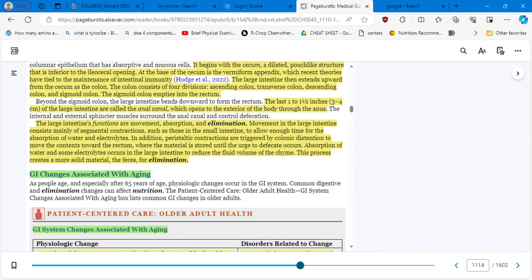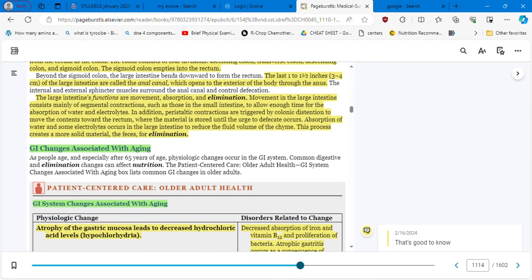The large intestine functions are movement, absorption, and elimination. That's it. Nothing else. Movement, absorption and elimination, and basically the absorption of water. So if you don't move your colon, okay, there is no absorption of water, therefore there is no elimination.